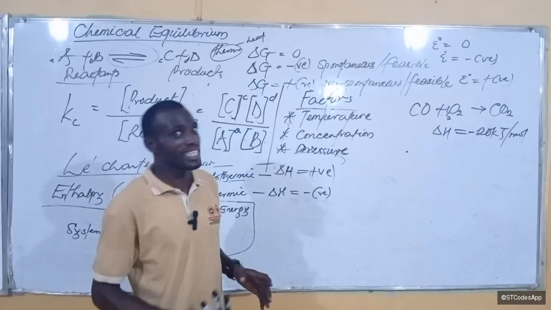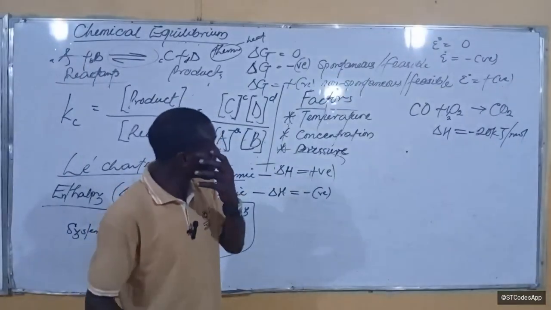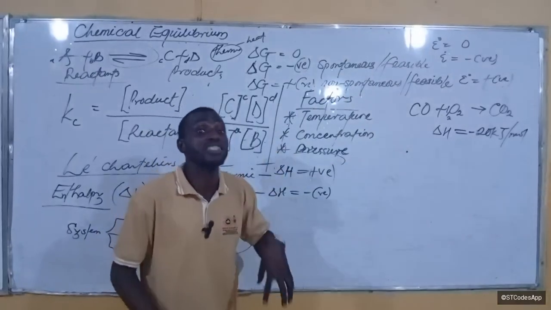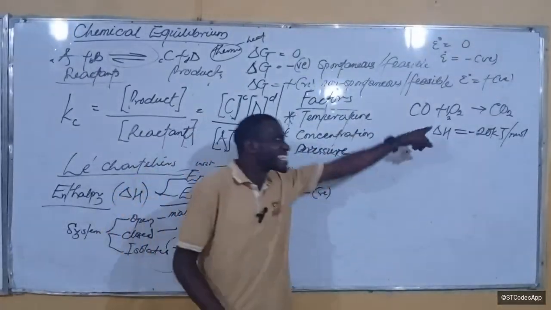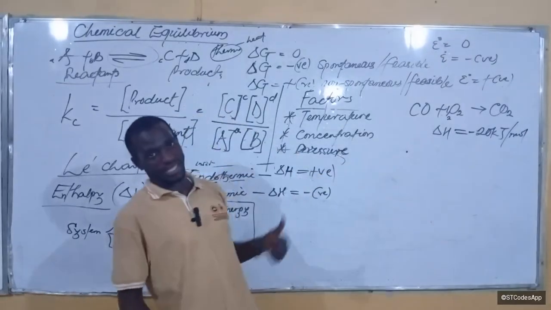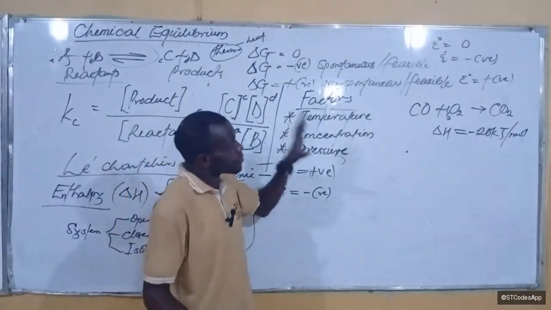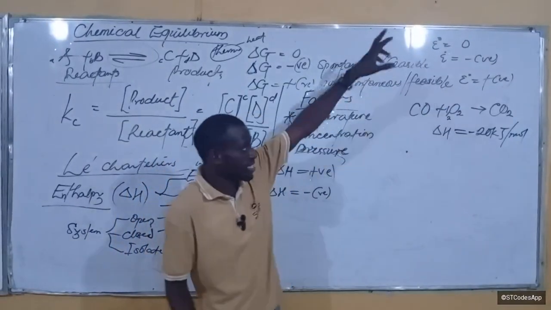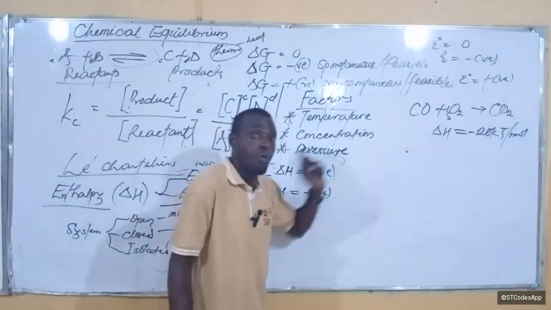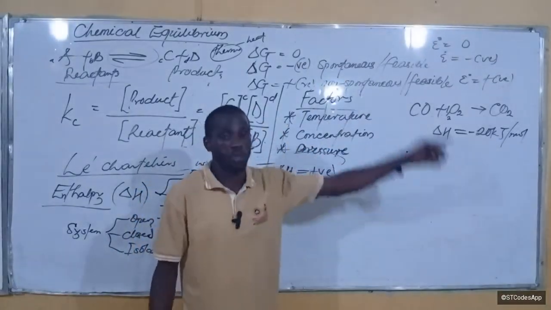So what does that mean? Since this is negative, it is proceeding forward with a decrease in temperature. If I go and increase the temperature of this thing, where will it proceed? It will proceed backwards. Is that clear now? When you write a chemical reaction and you see a negative change in enthalpy, it means it proceeds forward, because forward is our normal reaction.